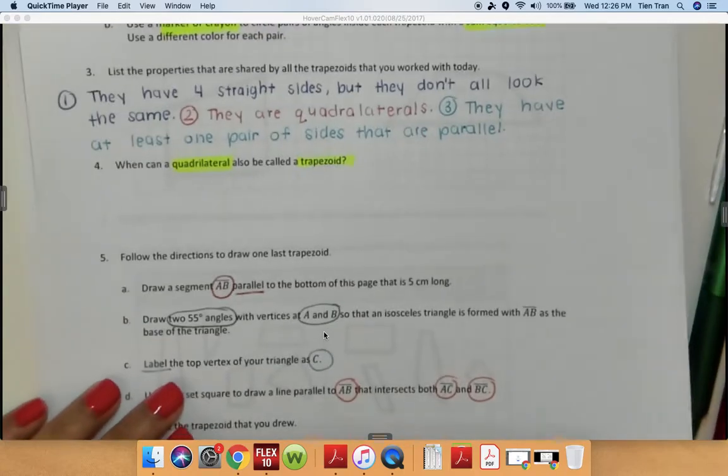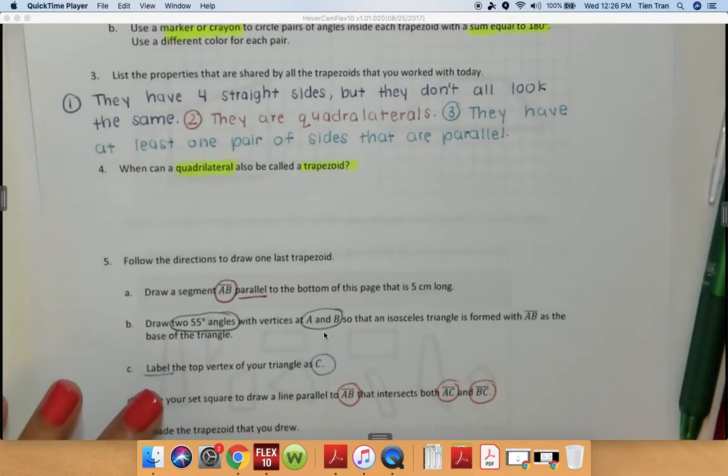Okay? So question 4 asks, when can a quadrilateral also be called a trapezoid? They can be called a trapezoid, but there is a rule to that.